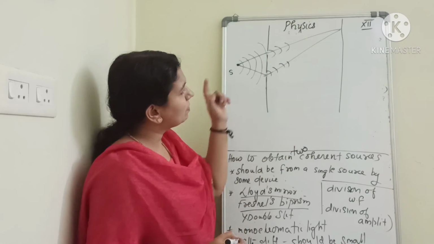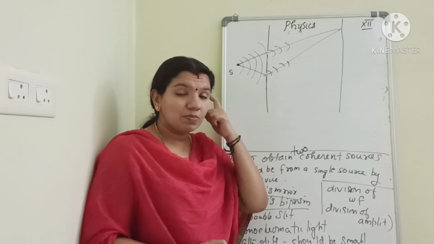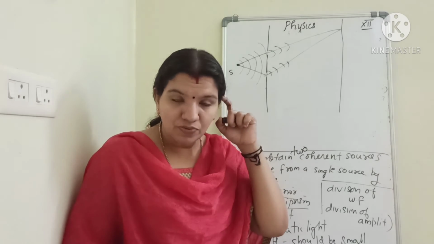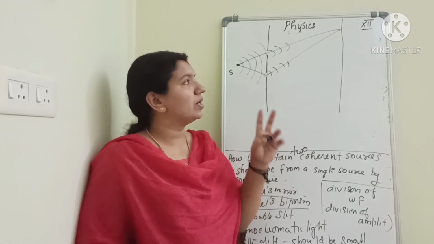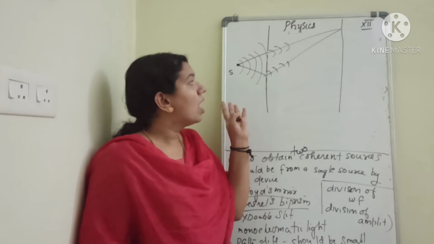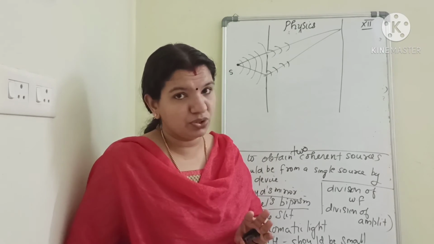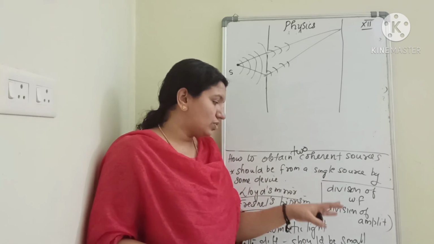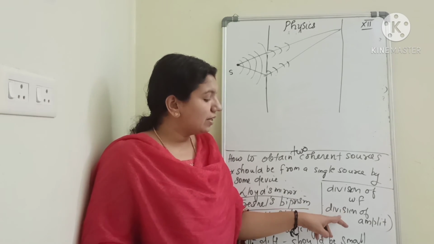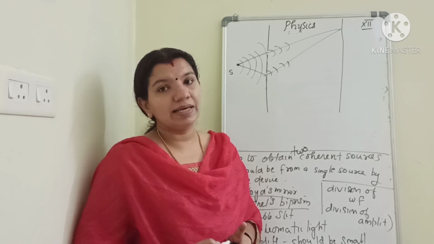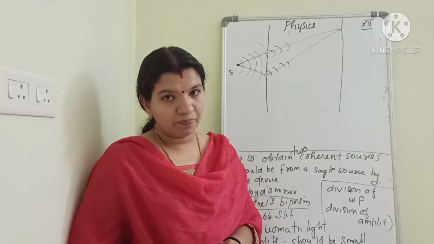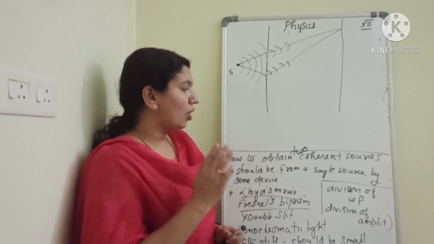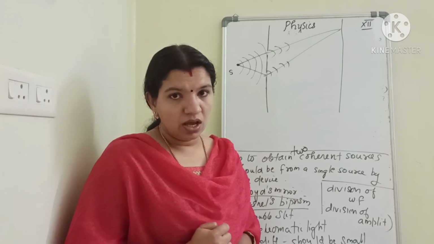So this is the method that we are using in Young's double slit experiment. By the division of wavefront, you can obtain the coherent sources, or by the division of amplitude. That is another method. You don't need to study that, just be aware of that. Division of amplitude also gives coherent sources. Understand? These are the ways to obtain the coherent sources.